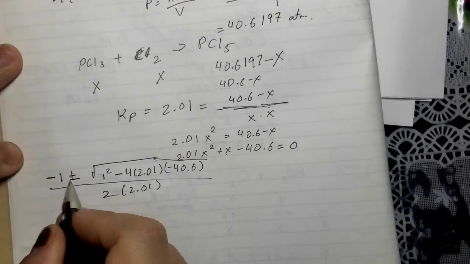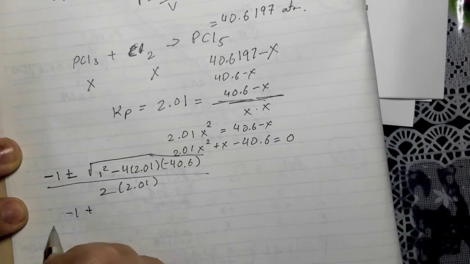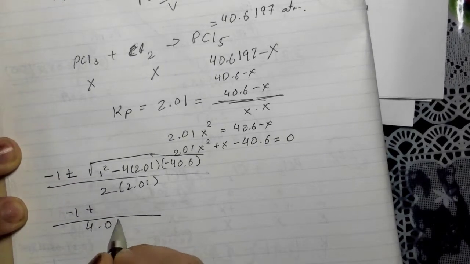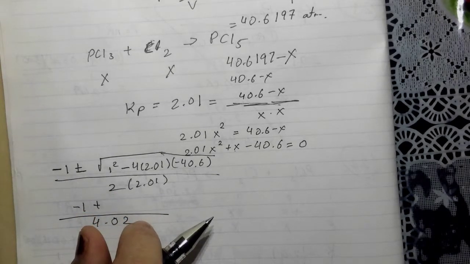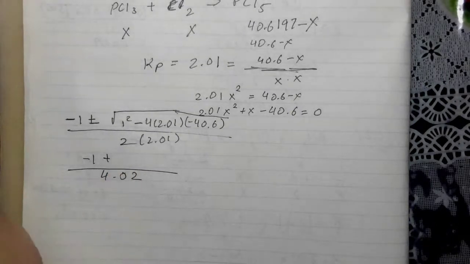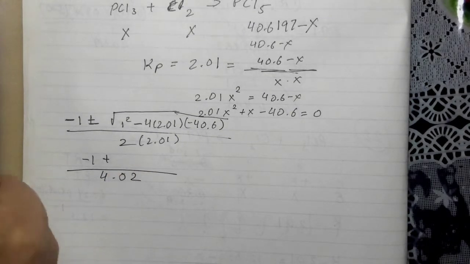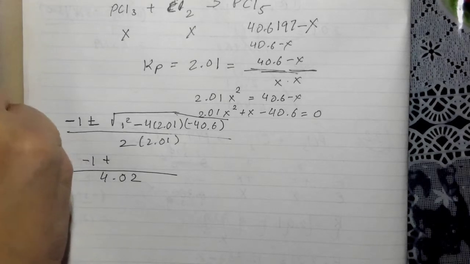Okay, obviously I'm going to pick plus because x can't be negative. 1 minus 4 times 2.01 times negative 40.6.